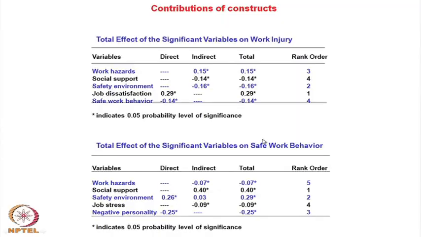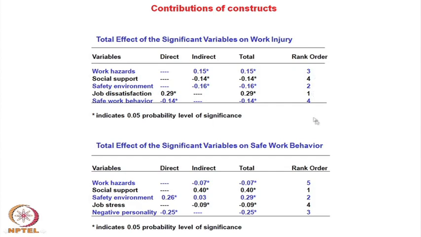We found that work hazard, vis-a-vis work injury, has no direct effect in the model we fit, but it has an indirect effect and a total effect. Social support has this indirect effect, safety environment has this indirect effect and total effect, and job dissatisfaction and safety behavior have direct effects. Based on the total effect we give the rank 1, 2, 3, 4, 5.